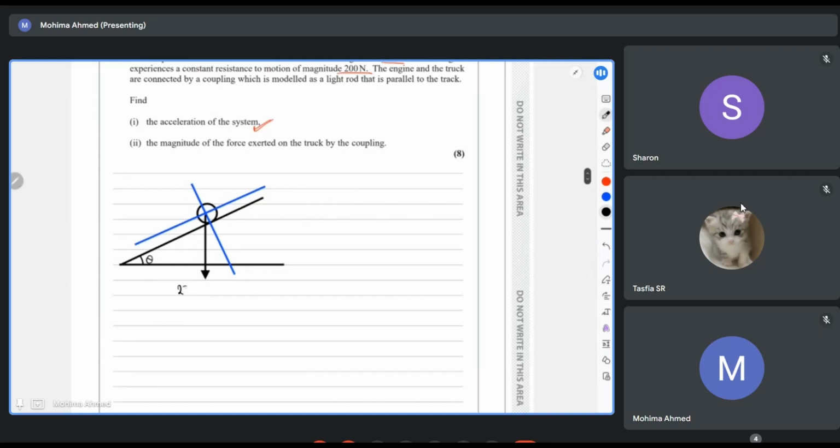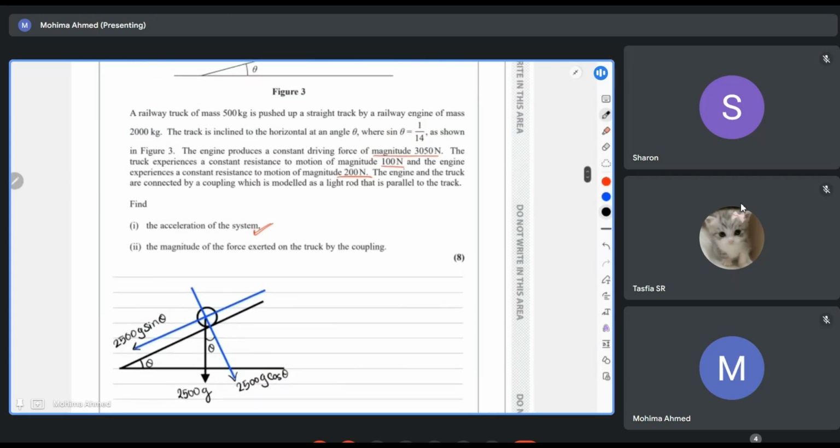So now you have 2500 g in this part. You have again theta, so the perpendicular component of weight would be 2500 g cos theta, and this would be 2500 g sine theta. Now I forgot whether this was a rough or smooth plane.